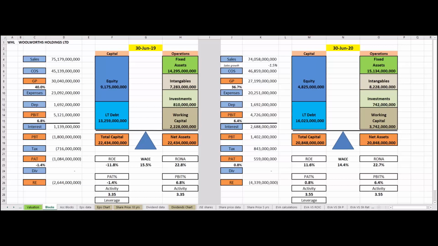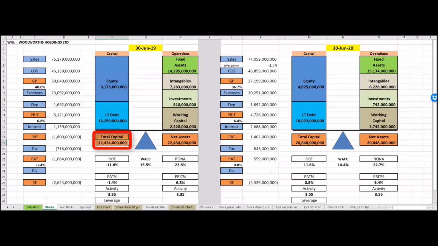Let's start off with the balance sheet, and you'll see immediately that this is in capital and operations type of terminology. Under equity we've got a little over 9 billion in equity and a little over 13 billion in long-term debt. Add these two together to get a total capital number of 22.4 billion rand.